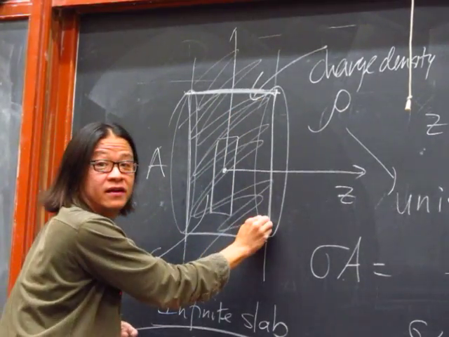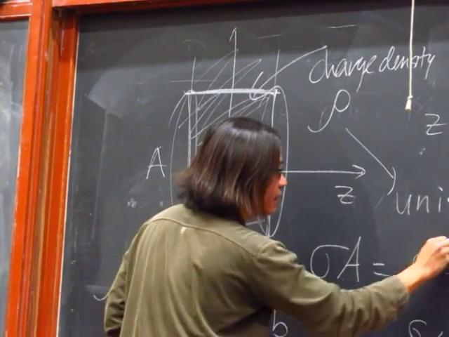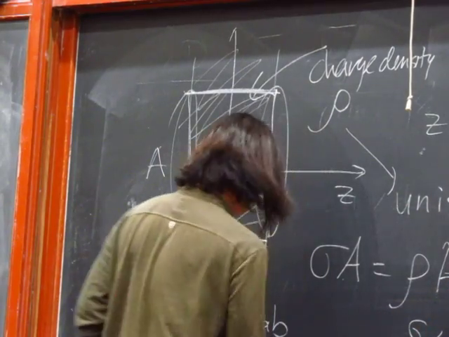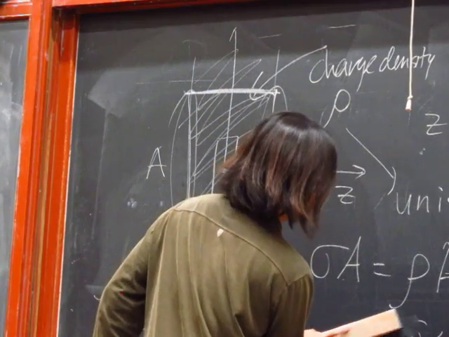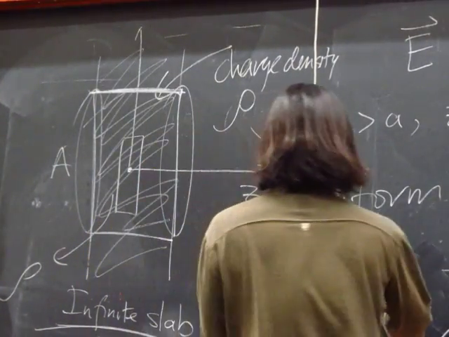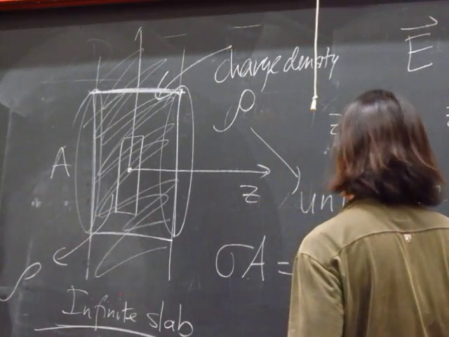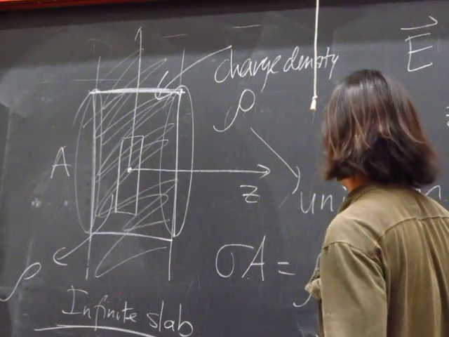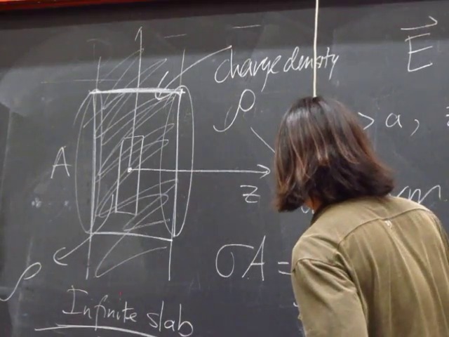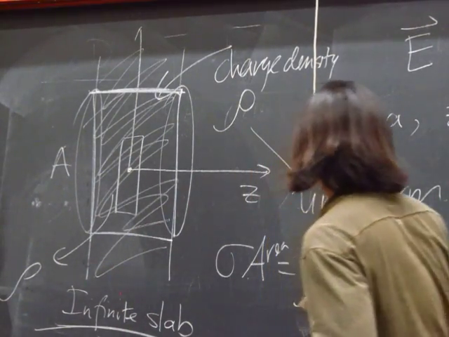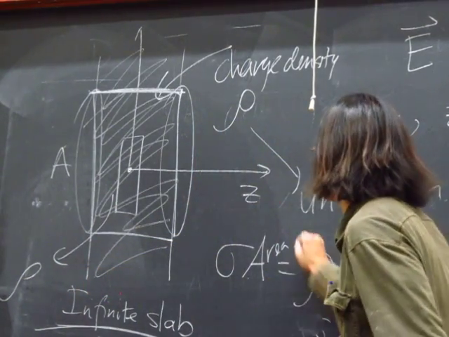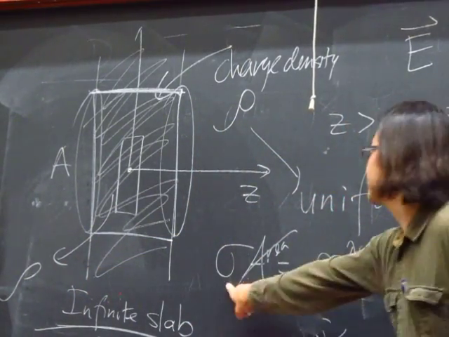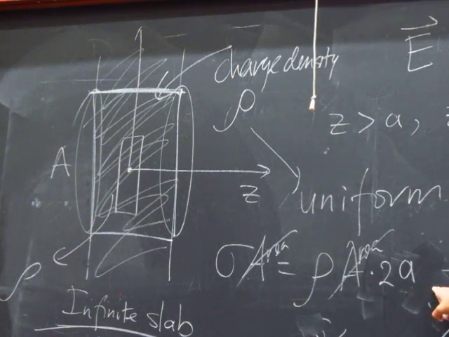Then it has to be equal to rho times A times 2a. I'm using A for this area, and 2a is the thickness of the slab. The A cancels. I'm left with sigma is equal to rho times 2a.